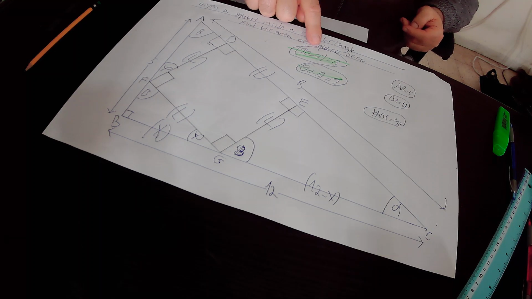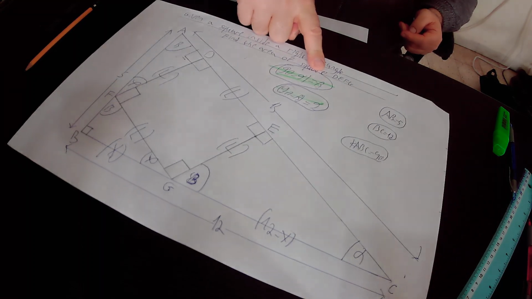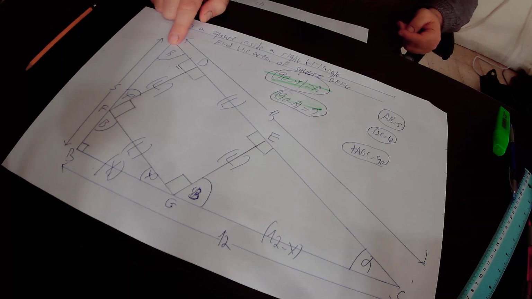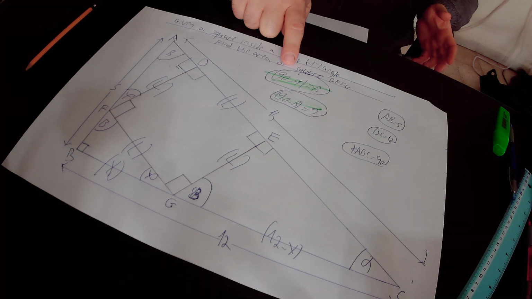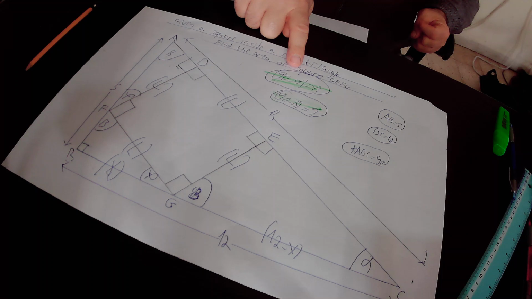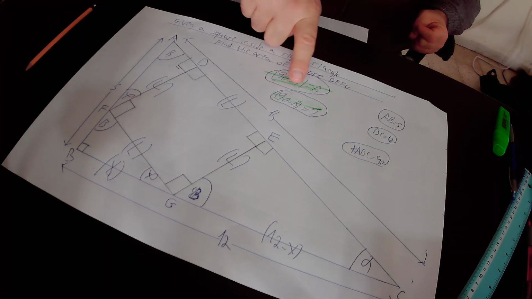But we define 90 degrees minus alpha as beta here, and therefore the missing angle must be equal to beta. So we have the equation that 90 degrees minus alpha equals beta. If we add alpha to this equation and subtract beta simultaneously, we get that 90 degrees minus beta equals alpha.